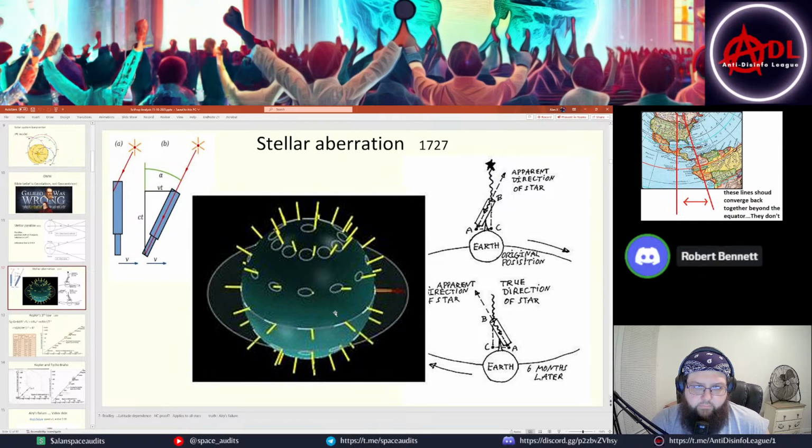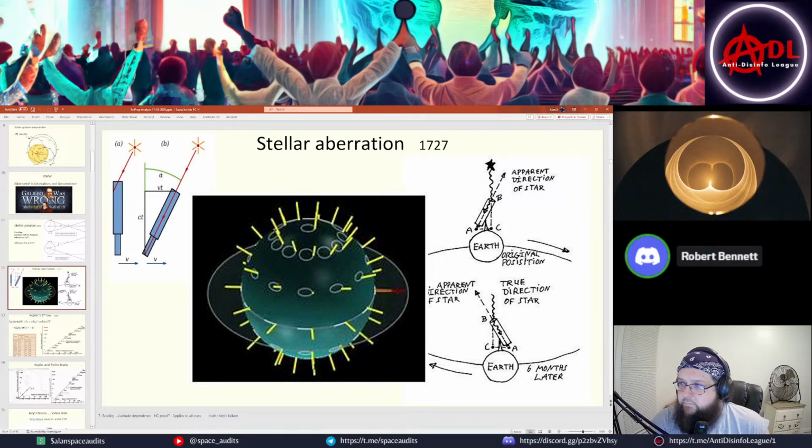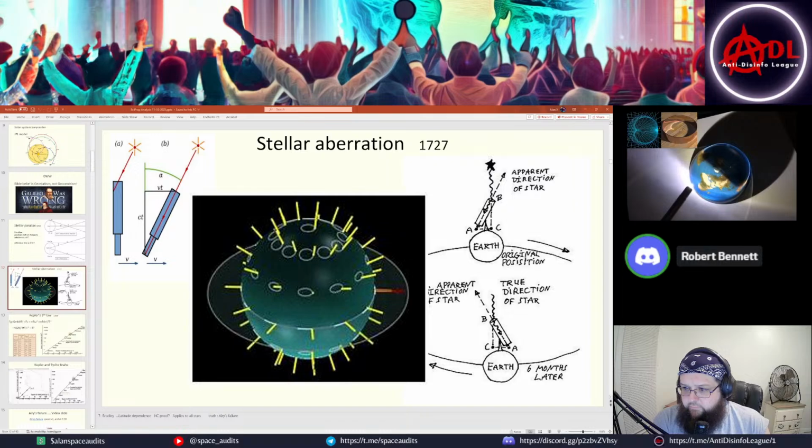The important point is that, contrary to popular knowledge, you never see a star when you look directly at it. What you see is a distortion or an aberration, which has always been a mystery to astronomers.